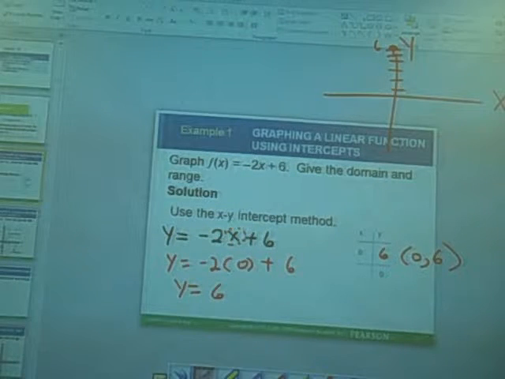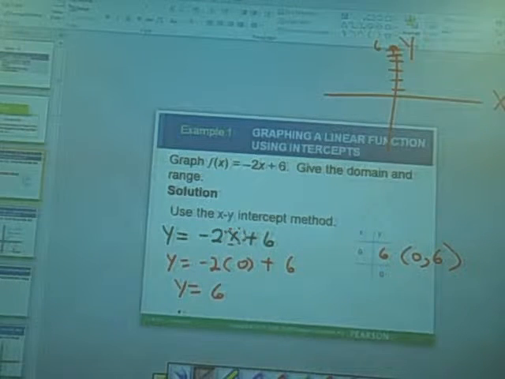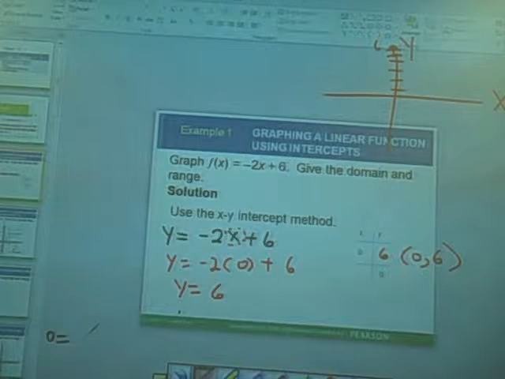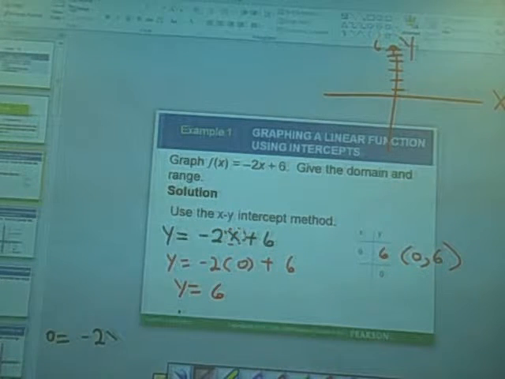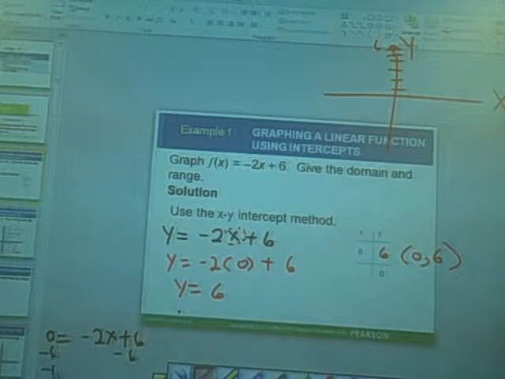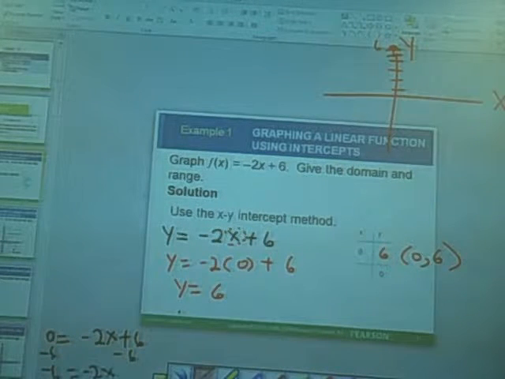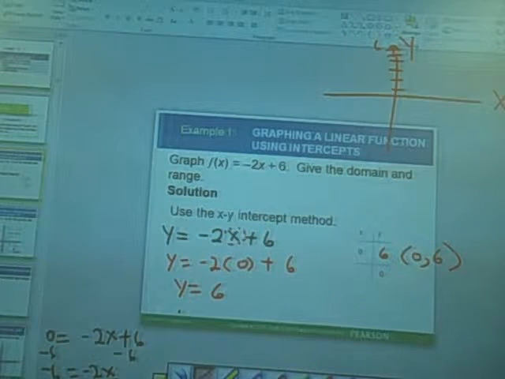Now we're going to set y equal to 0 and solve for x. So this would be 0 equals negative 2x plus 6, and now we solve for x. We apply minus 6. We get negative 6 equals negative 2x. Divide by negative 2. We get x equals 3.